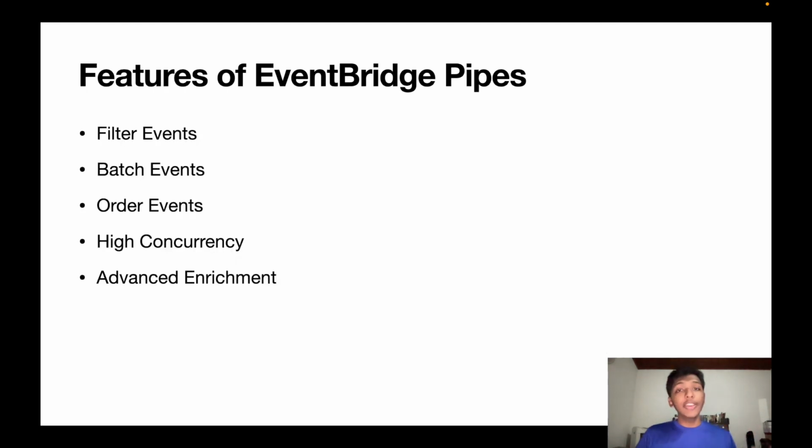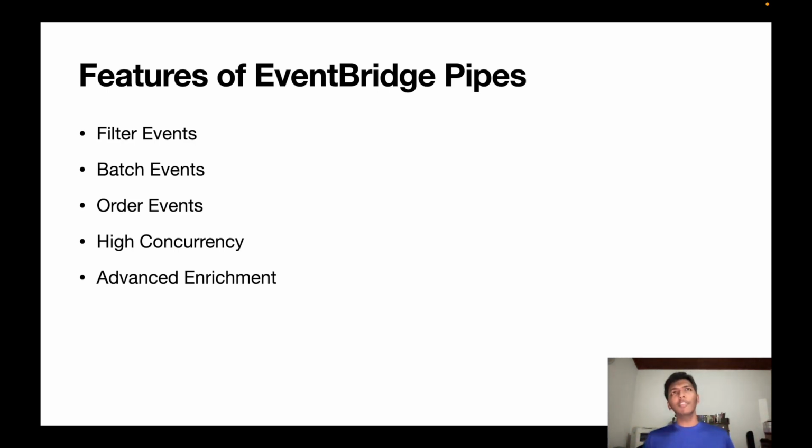Now, some of its key features: it allows you to filter events. Like I said, it allows you to send data to the target based on criteria, if you want, and it allows you to batch events based on the event source, and to order them. It also has high concurrency, meaning EventBridge Pipes takes care of the scaling of the integration between the two services, so you don't have to worry about that.